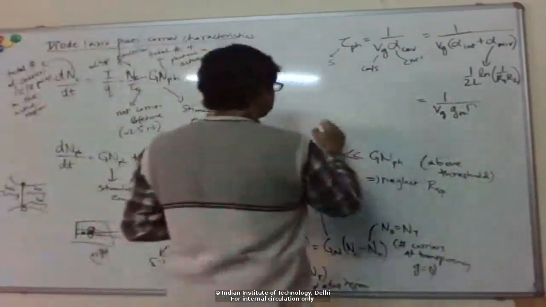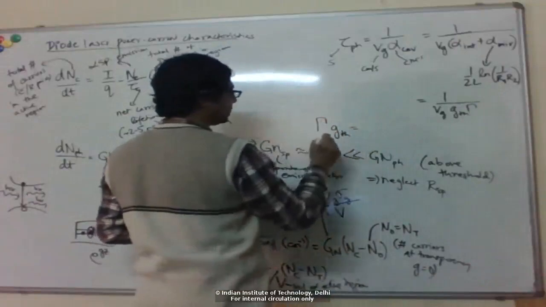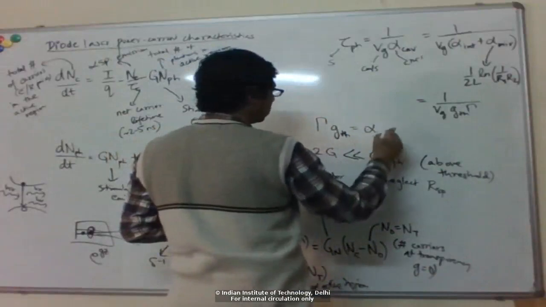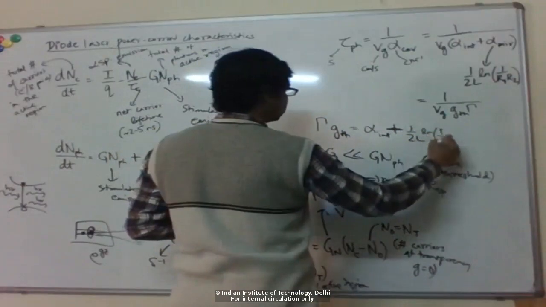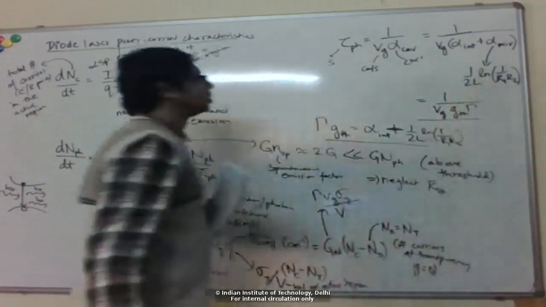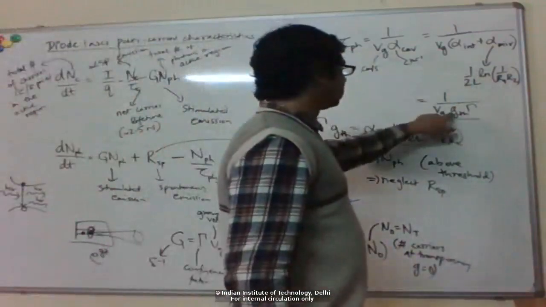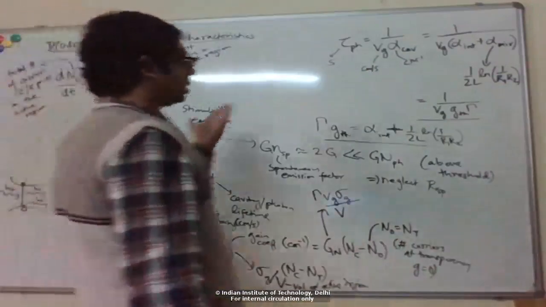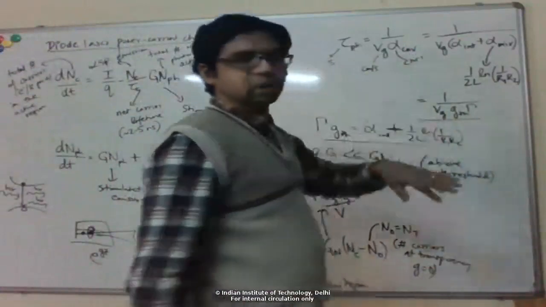Here I've used the expression that we had last time: at threshold, the gain at threshold times the confinement factor has to be equal to the total loss, which is the internal loss plus the mirror loss. So you can see that the photon lifetime is also inversely proportional to the gain at threshold. Again, if your losses are high, the gain required to reach threshold is high, and the cavity lifetime is small.